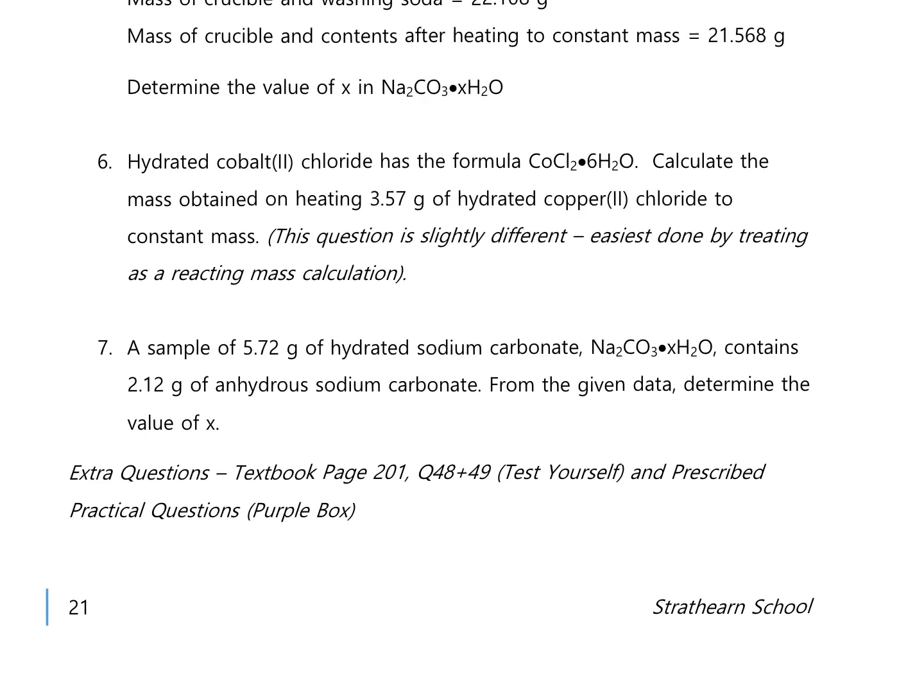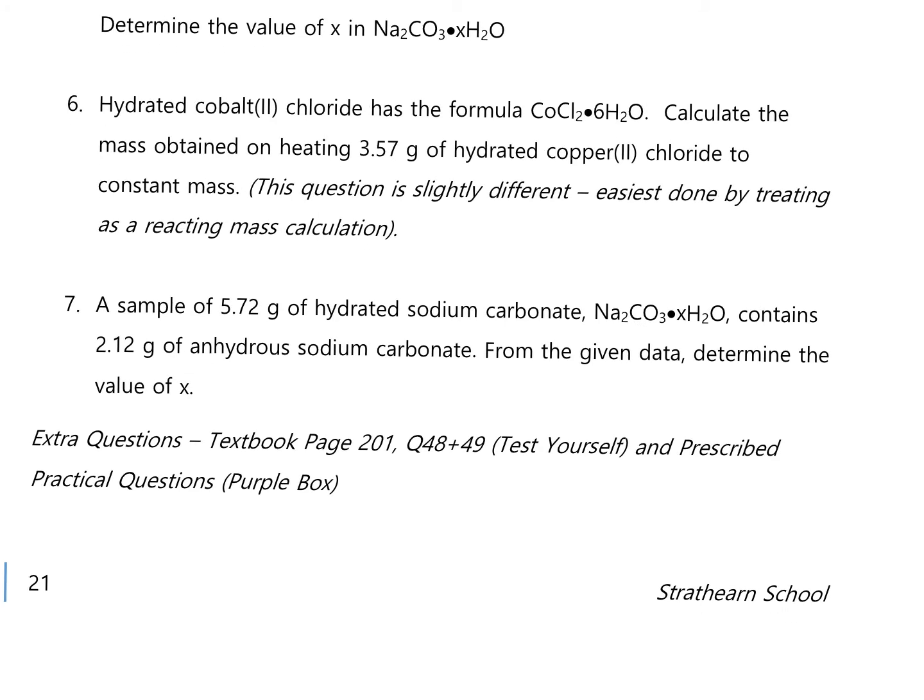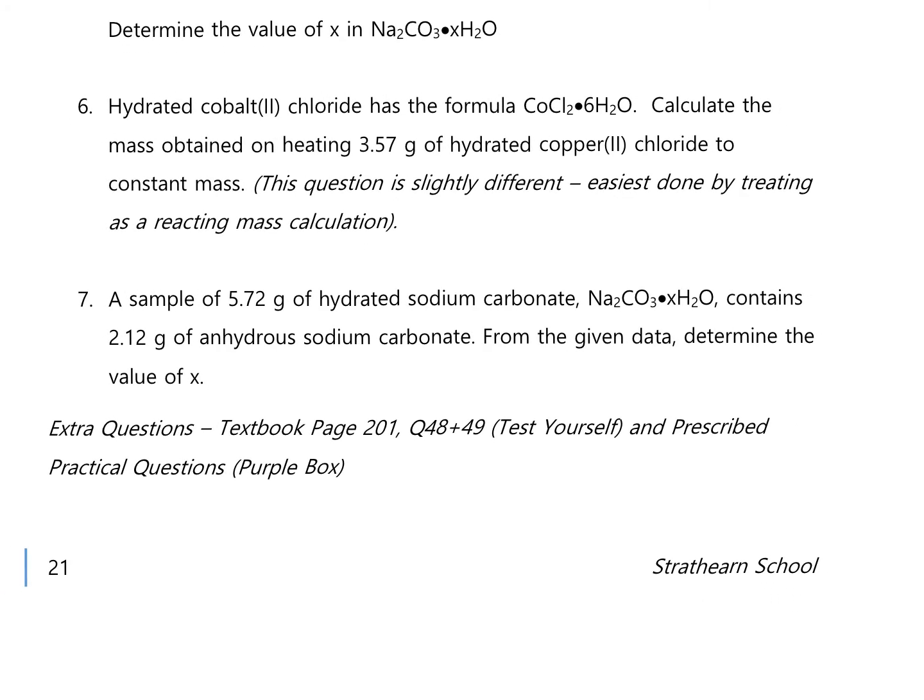Number 6 I want to mention briefly because it is a little bit different. It's easier actually to treat that as a reacting mass calculation. So what you'll need to do with question 6 is write an equation for what happens when you heat your hydrated cobalt chloride with 6 waters. Just be careful, cobalt is Co and it's not carbon and oxygen, so be careful about that when you're getting your RFM.